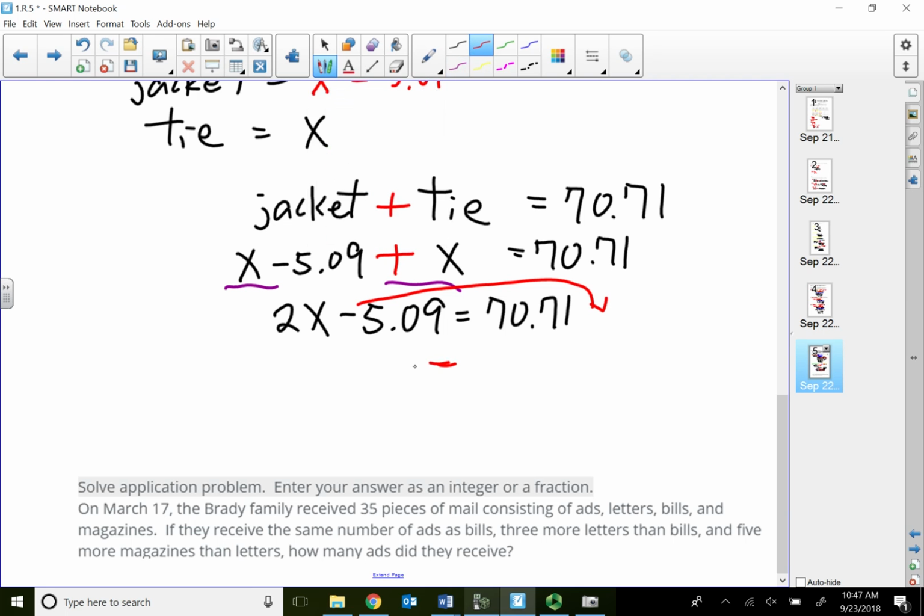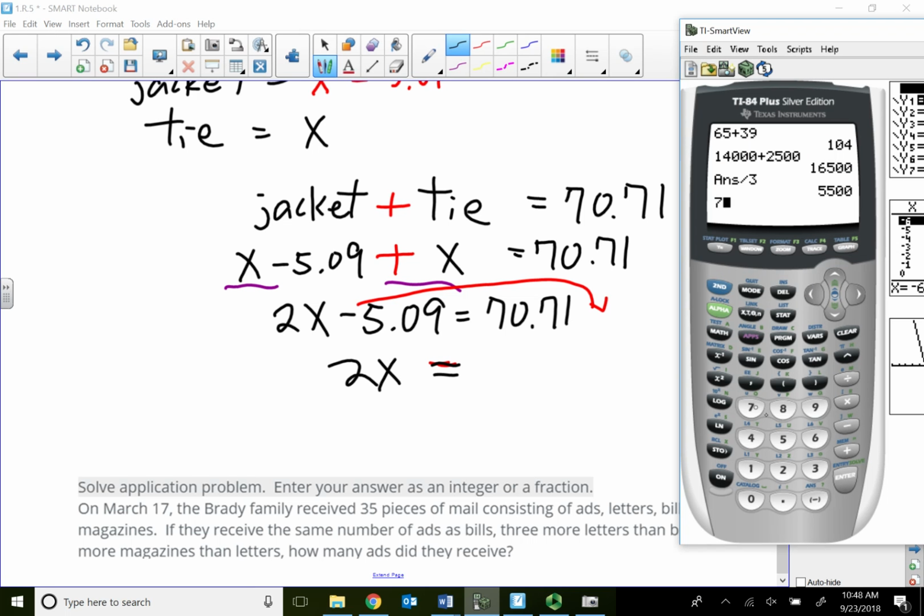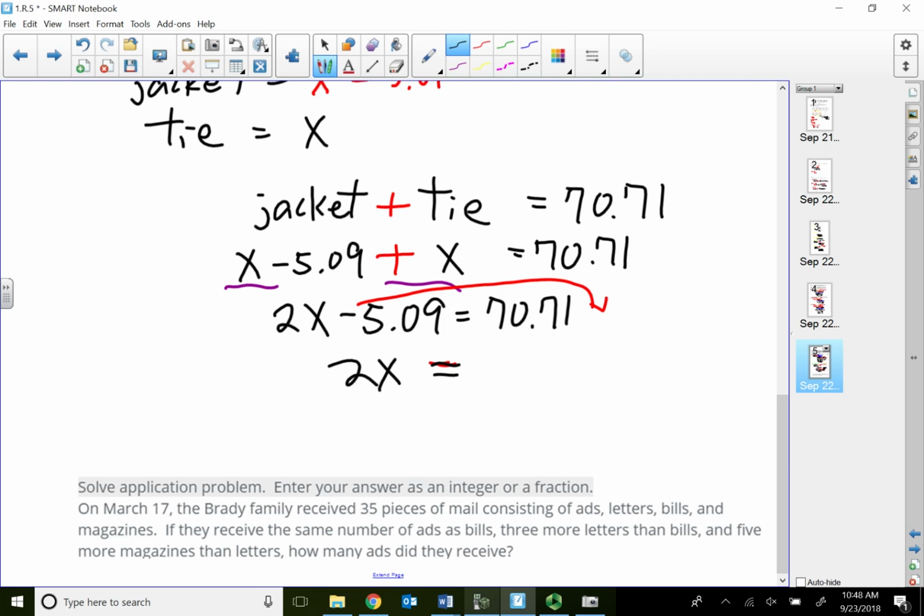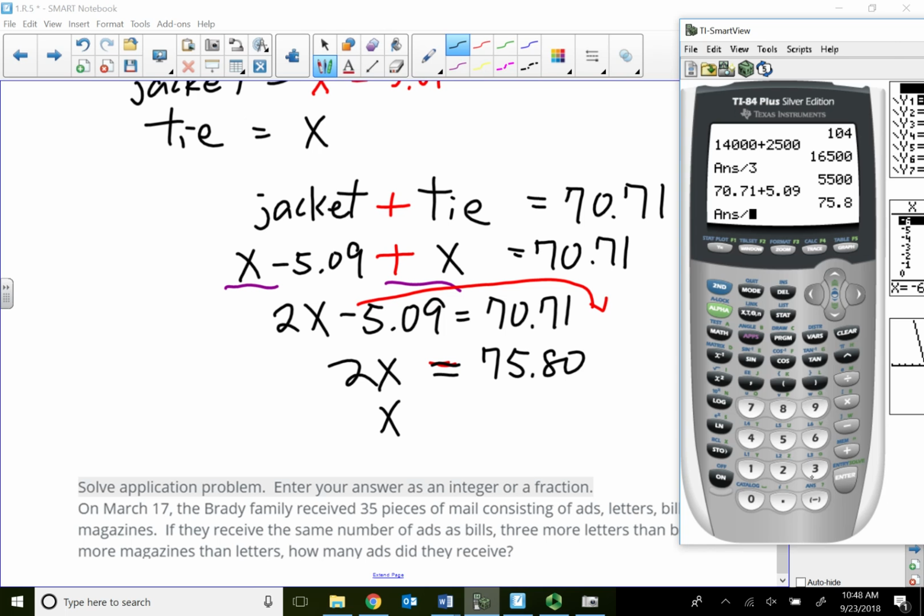So 2x equals 70.71 plus 5.09, which is 75.80. Divide both sides by 2. My answer: x equals 37.90.